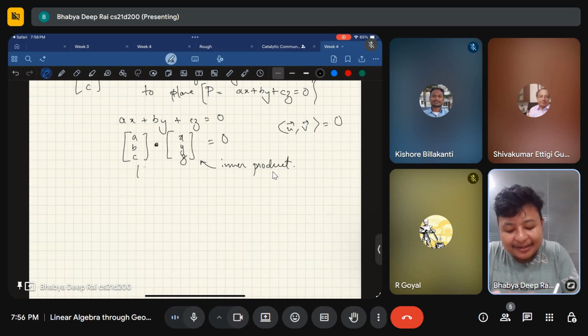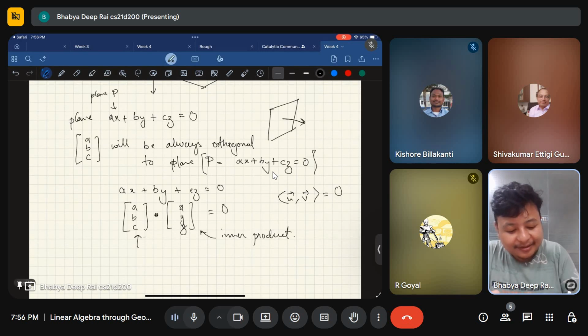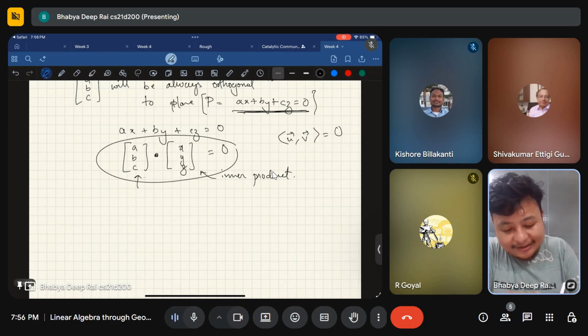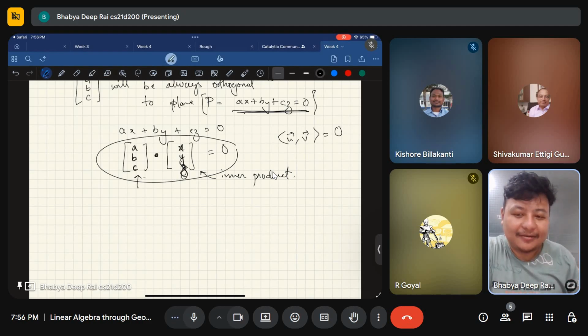So this restriction, ax + by + cz = 0, when the equation is written this way, it means that all those x, y, z that satisfy this equation are such that the vector (a, b, c) will be orthogonal to that x, y, z value.